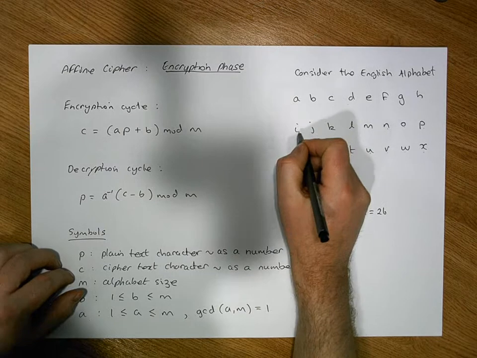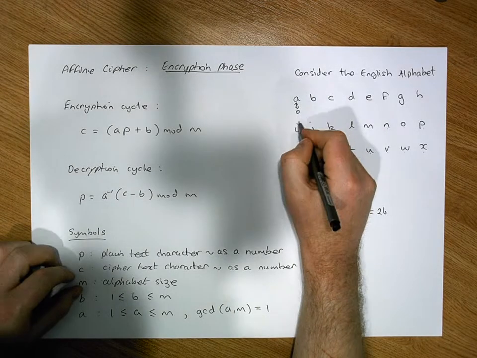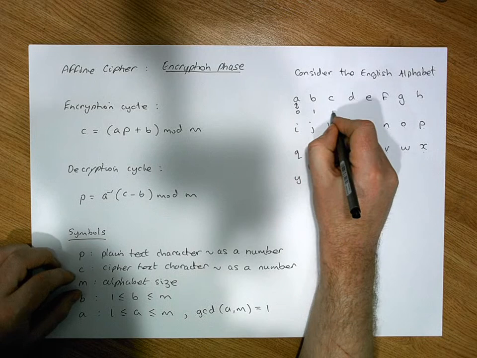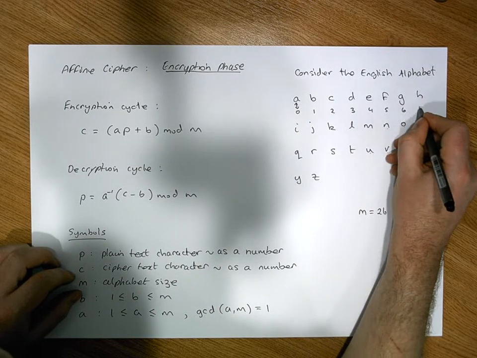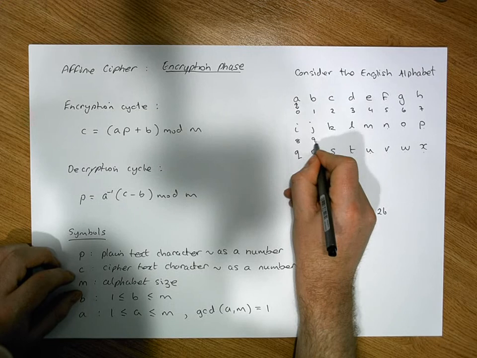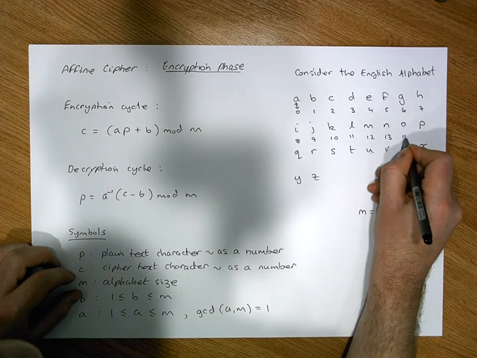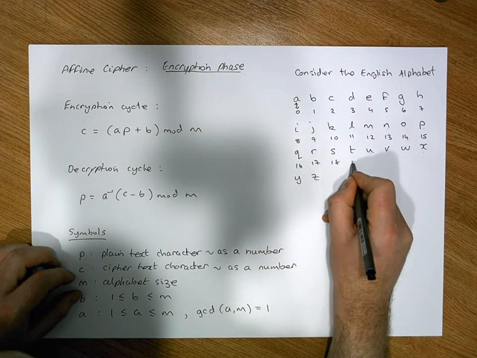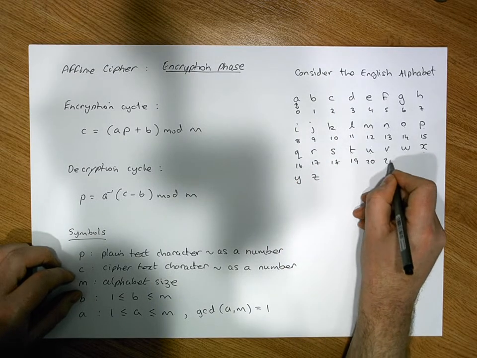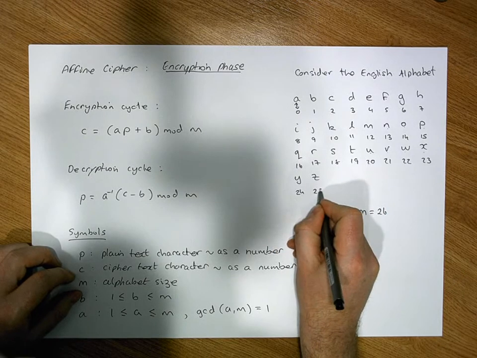A is associated with 0, B with 1, C with 2, and so on up to 25.